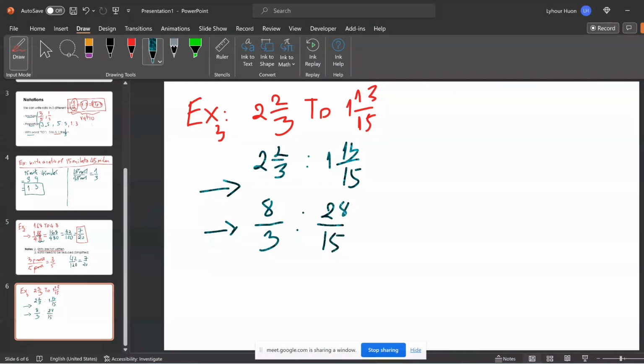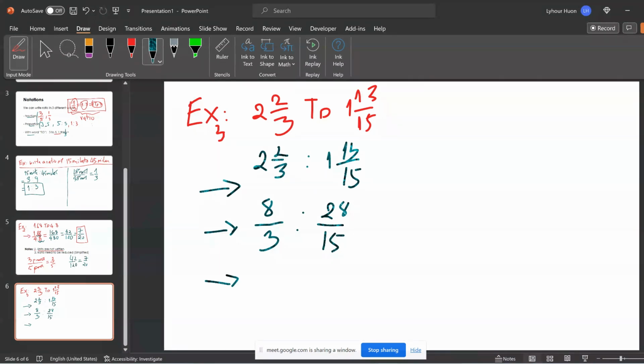What should we do next? It's the division of two fractions. What should we do with the division of two fractions?